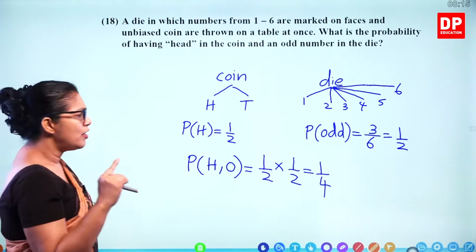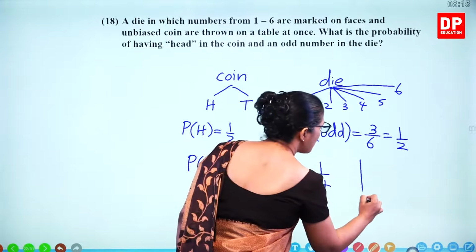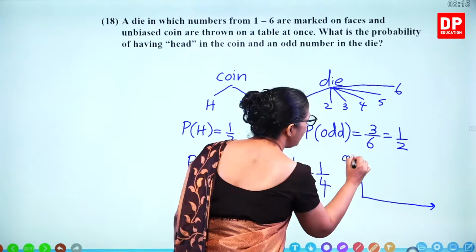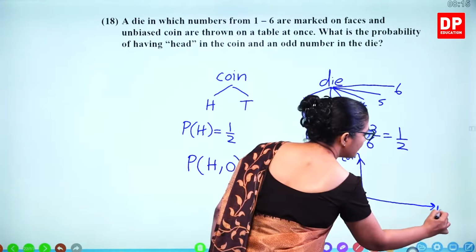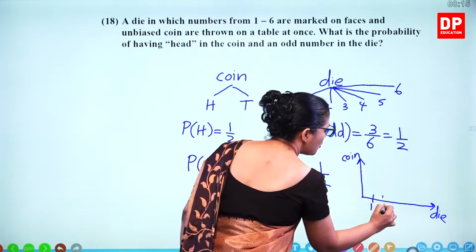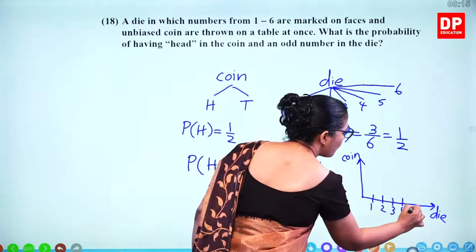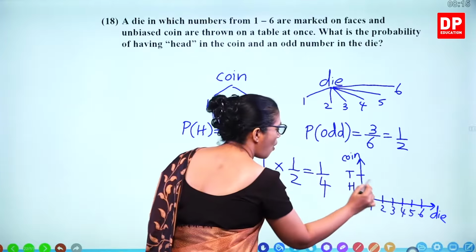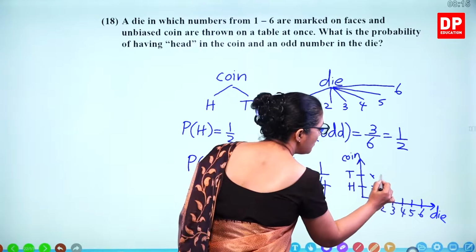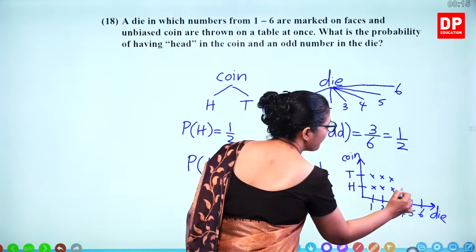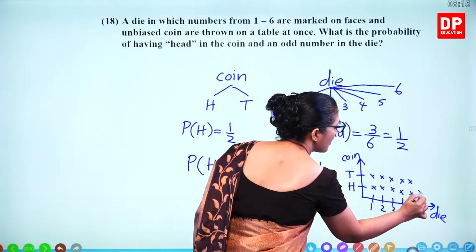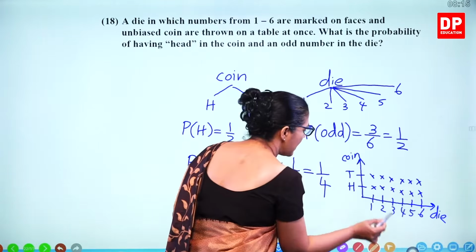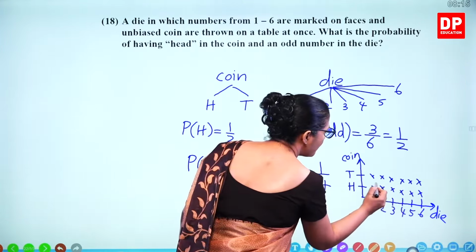Or you can use the sample space diagram. Coin and die. So 1, 2, 3, 4, 5, 6, head, tail. Now all together 12 possibilities are there. And what are the possibilities of getting head and odd number?